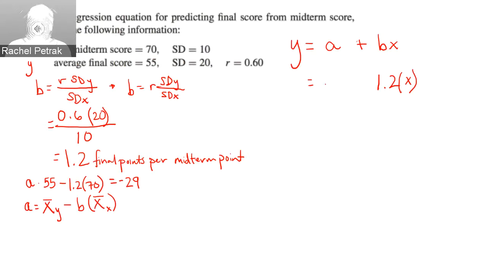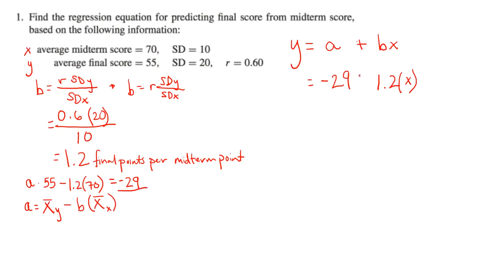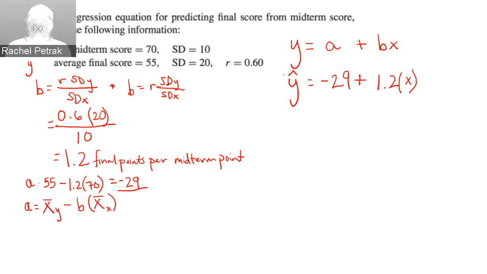It's just needed mathematically. And this is one of those times. So we can plug in our intercept here, and we've got a general regression equation for predicting final score from midterm score. And I put a little y hat here because that is telling us this is our prediction equation.